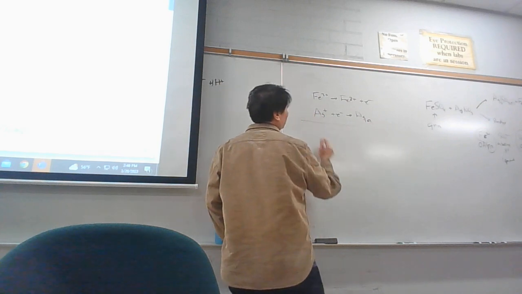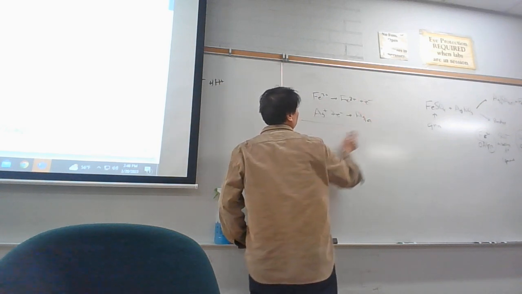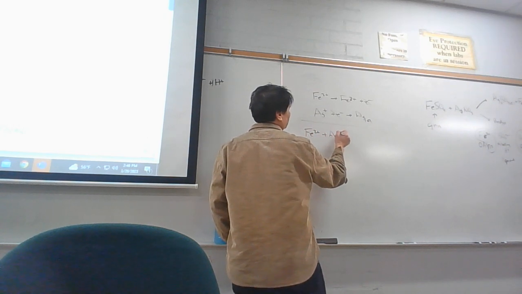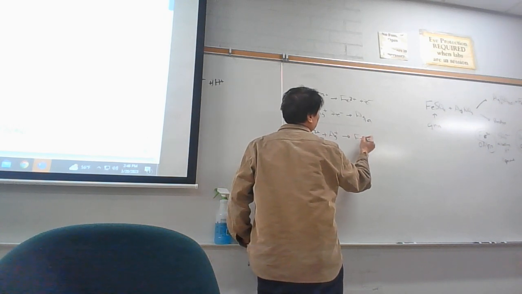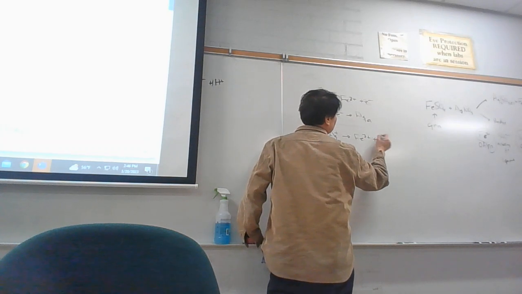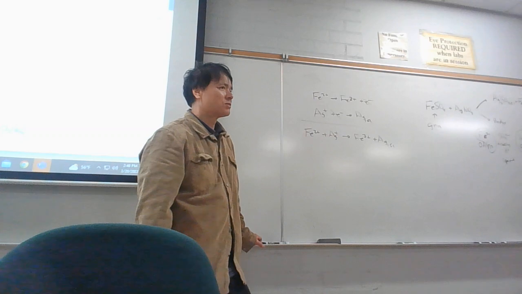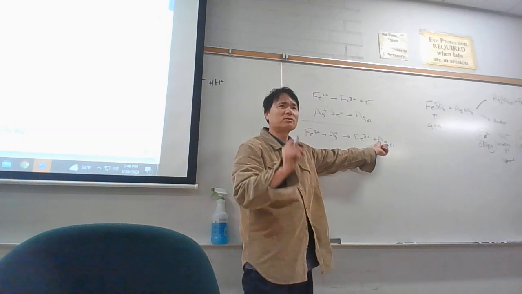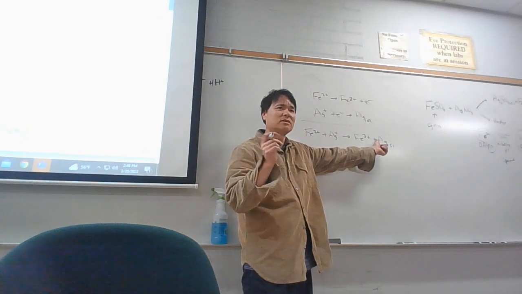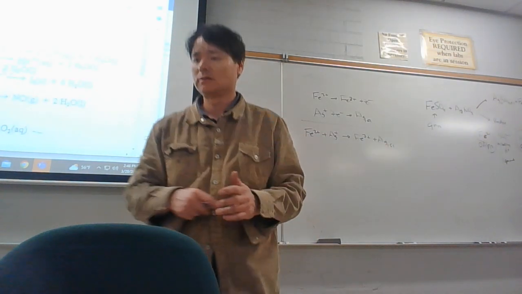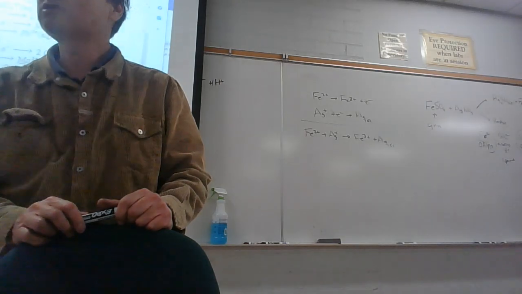And so we're going to just add these. The electrons cancel. And so what we end up with is iron 2 plus Ag+ is going to yield iron 3 plus Ag solid. Initially, it looks black, this precipitate, but with time the crystals grow bigger and look silver. Metallic silver color.